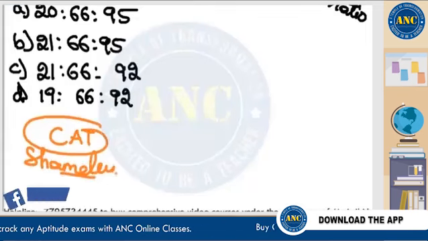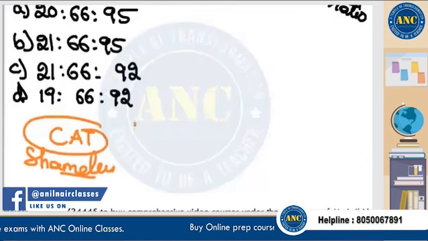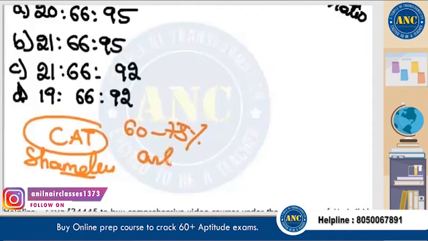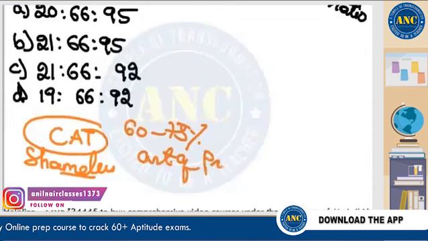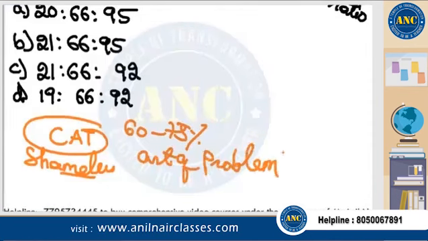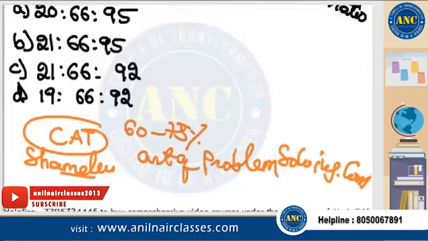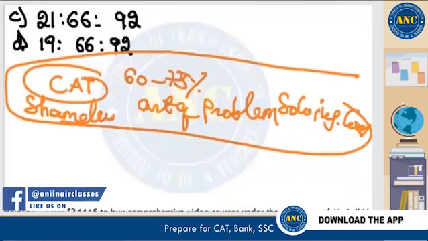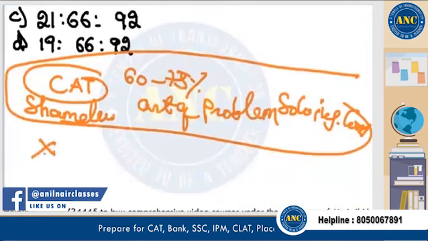For at least the last 15 plus years, 60 to 75% of the questions are copied from the website artofproblemsolving.com. If your teachers are not teaching in the way it should be taught, I wish you good luck. Please write down: CAT questions come from the website artofproblemsolving.com.